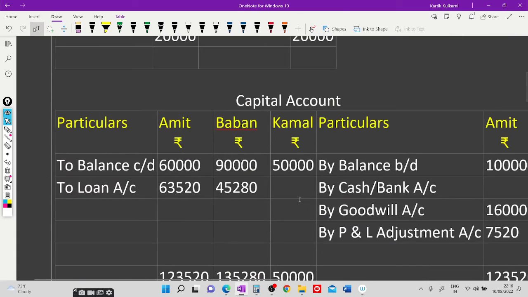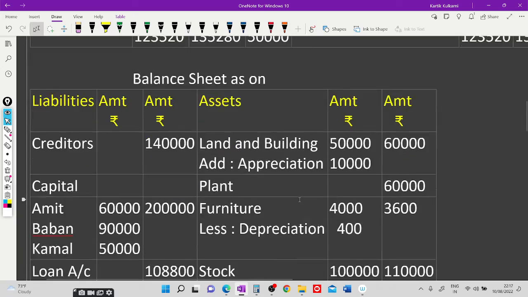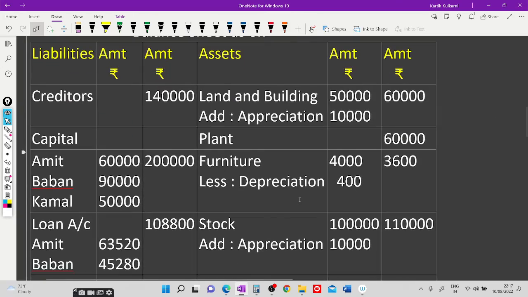Now we have closed the cash account and the capital account, and now we have to take the total of the assets and the total of the liabilities.